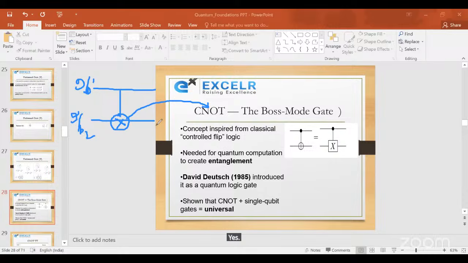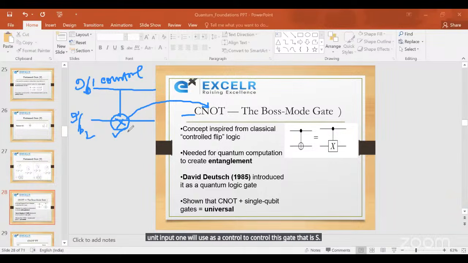So we are taking this NOT gate here, and C is for control. Input 1 will be used as a control to control this X gate.